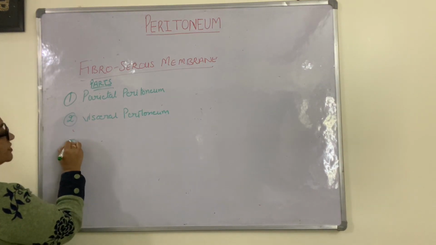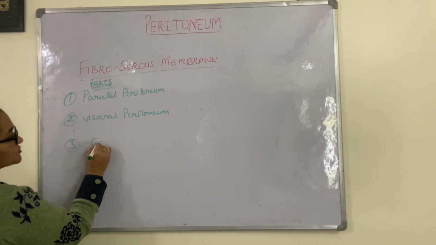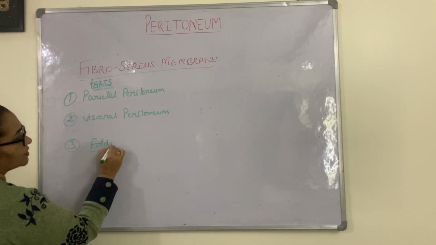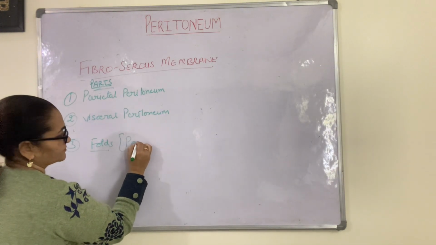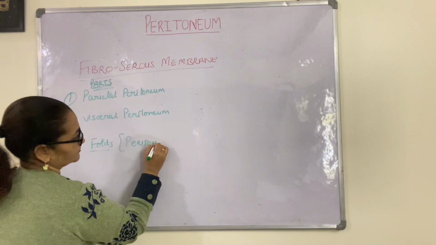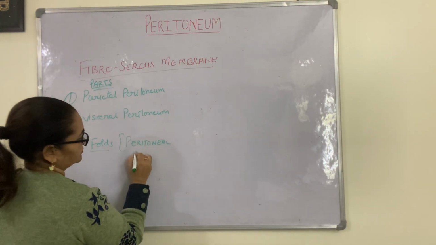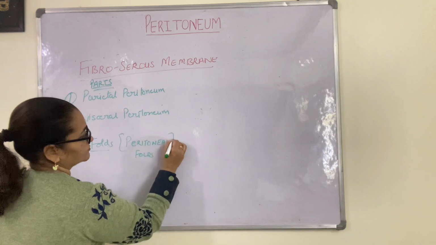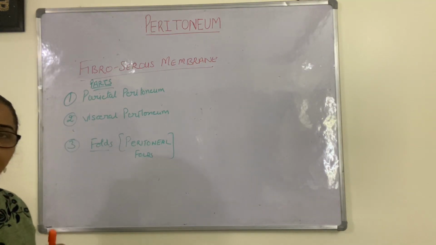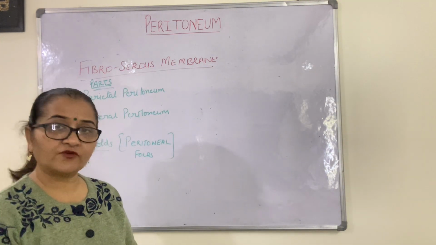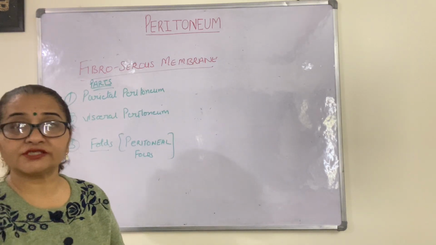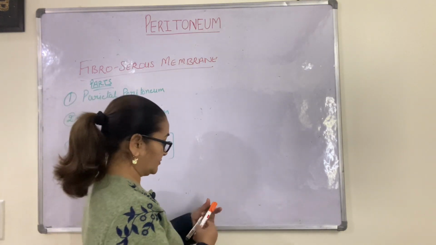And third is the various folds or peritoneal folds. So these are the three parts of the peritoneum once the peritoneal sac is invaginated by the different viscera.